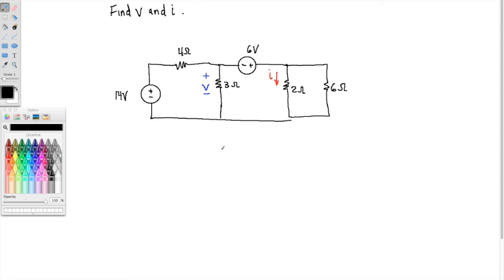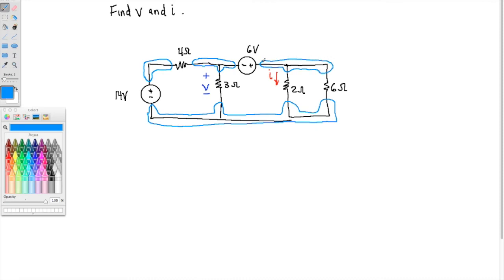Alright, so first of all, let us identify all of the nodes. There's 1, there's 2, there's 3, there is 4. So how many equations will we need for this circuit?